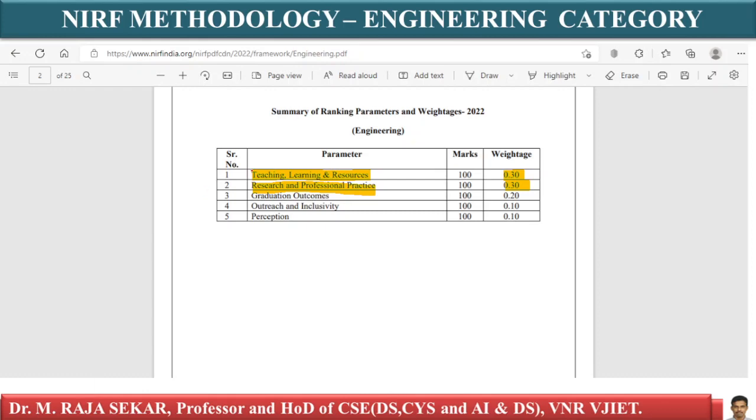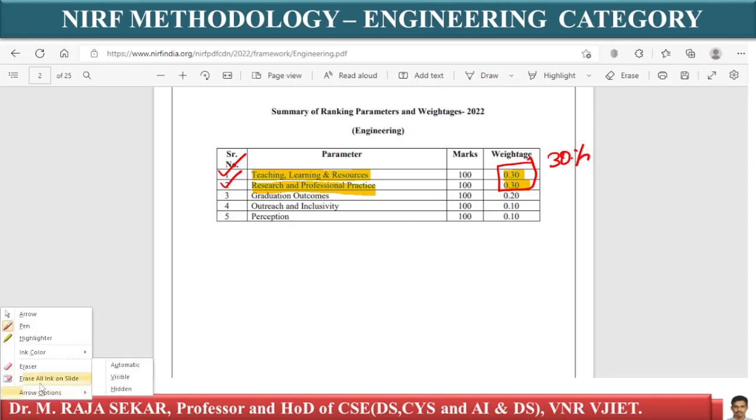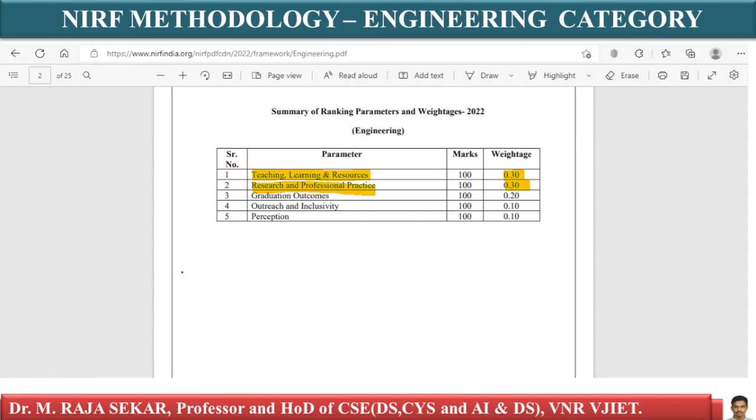For the engineering category, teaching, learning, resources, TLR and RPC, research, professional practice have more weightage. Each one has got 30% weightage. What does it mean? TLR and RPC are the main pillars of any engineering institution.